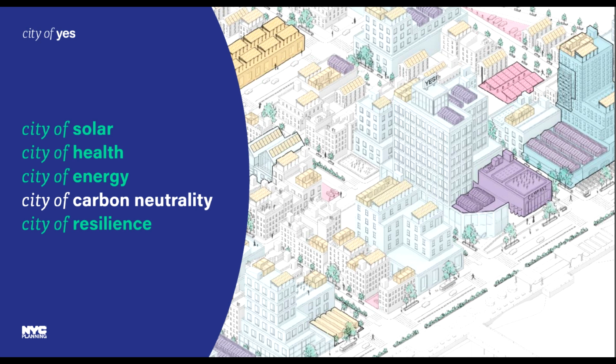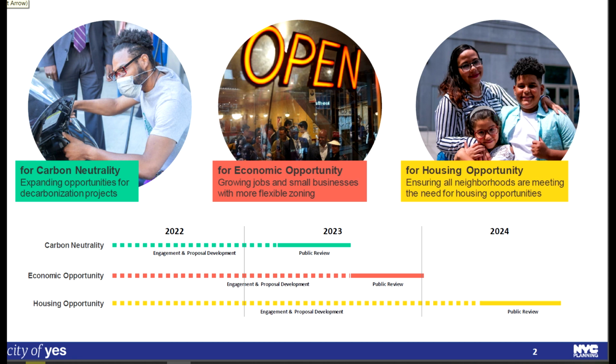Many of the elements of the carbon neutrality proposal are urgently needed, aimed at delivering zoning relief to home and building owners who are trying to undertake smart retrofit projects to cut energy costs and help the environment, but are prevented from doing so by zoning. And the City of Yes for Carbon Neutrality, while it's part of the broader City of Yes initiatives, is a distinct and separate proposal. So I'm going to talk about just carbon neutrality tonight.